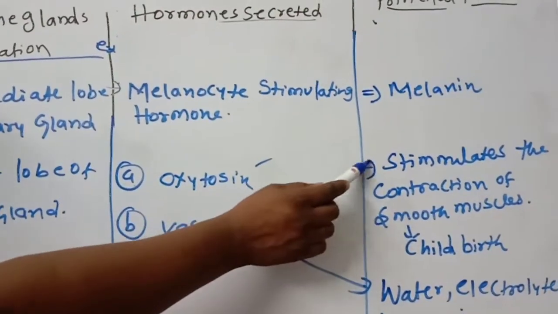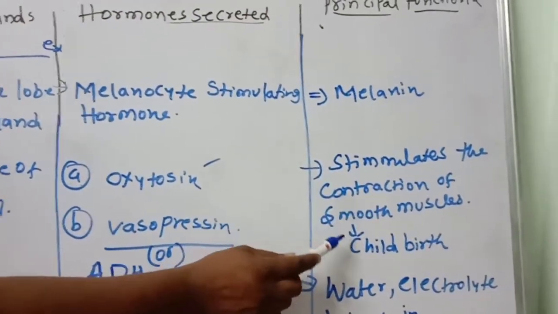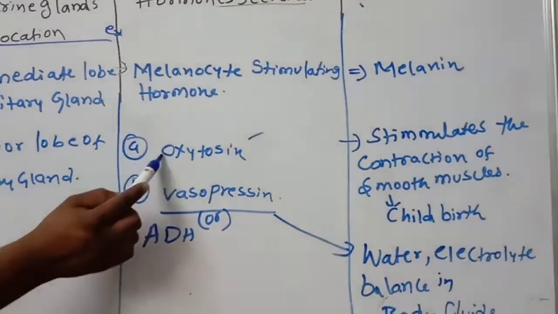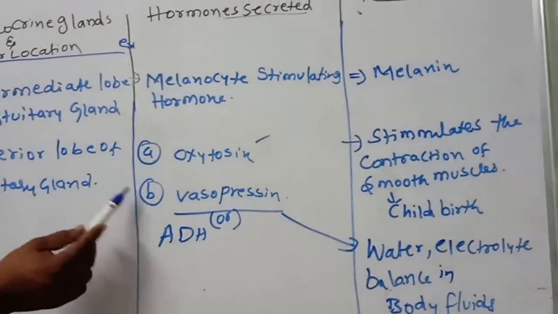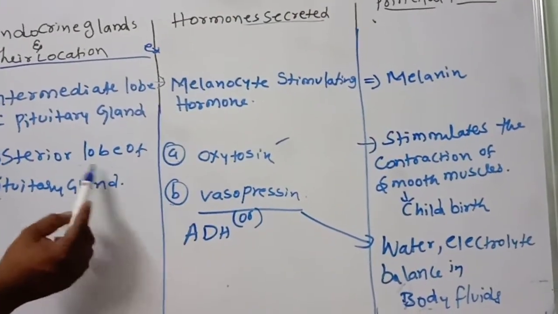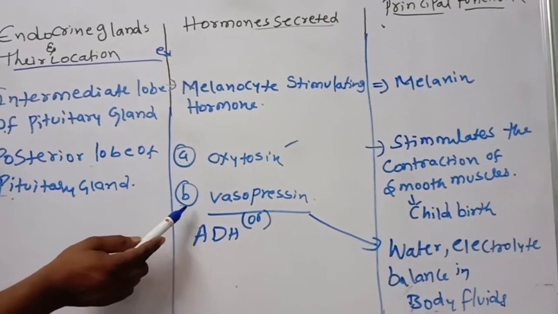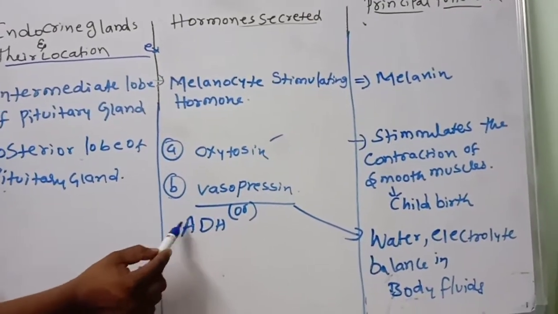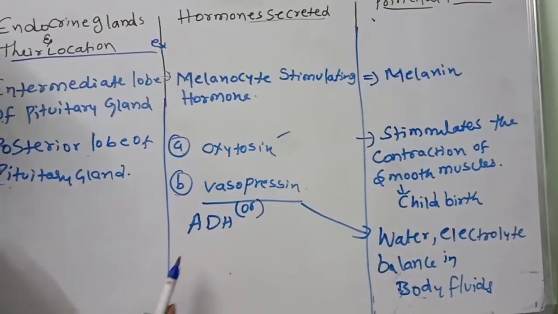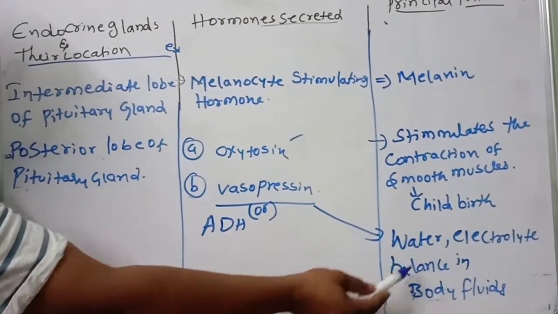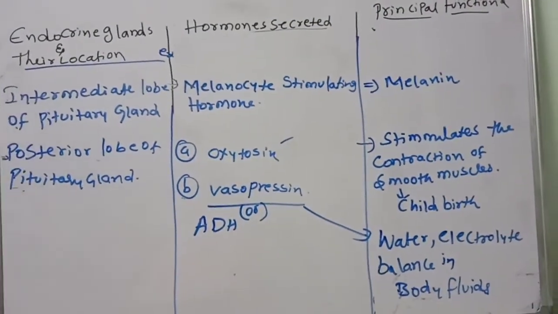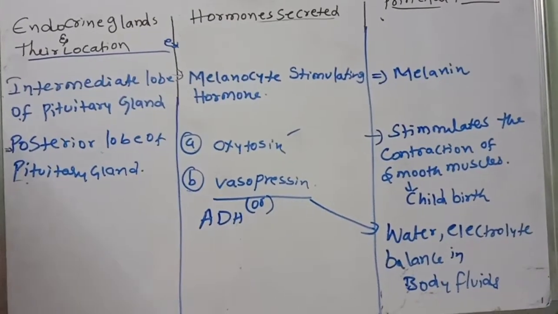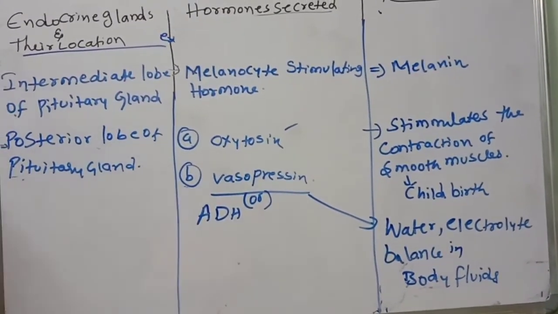Oxytocin stimulates the contraction of smooth muscles at the time of childbirth, that's why it is called the birth hormone. Vasopressin is also called antidiuretic hormone, which is helpful for water and electrolyte balance in the body fluids.